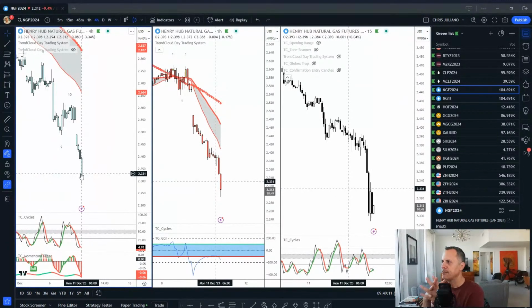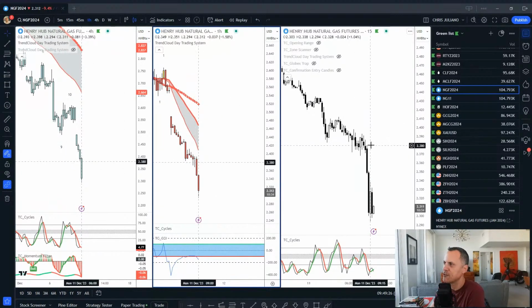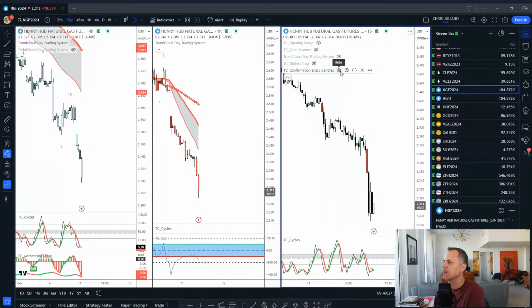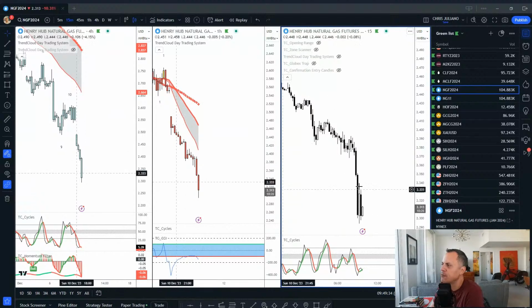But even if that does come out, we still have to wait for the proper signals, right? Because we don't like getting faked out. We don't want to get faked out in general. Confirmation entry candles, no signals yet to the upside, so we are in free fall here.